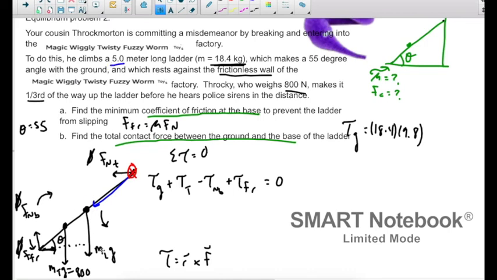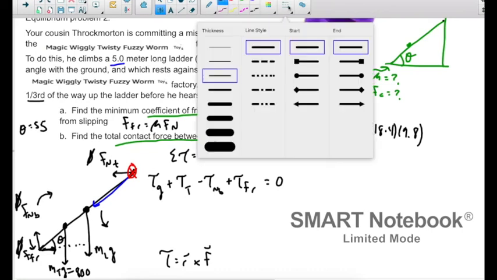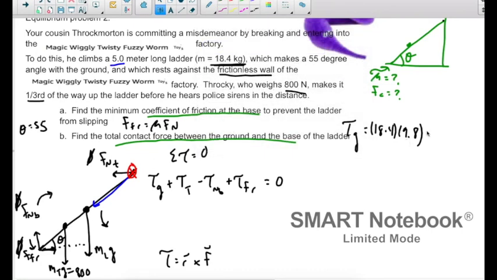This is the force of gravity acting on the ladder, which acts at the center of mass of the ladder. So I know that that is going to be 2.5. And then the cross here is cross product. So I know that that equals r F sine theta. Well, F is m times g. The length of r is 2.5.